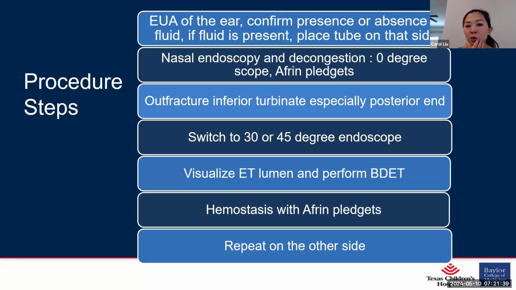At this point, we switch to 30 and 45-degree endoscopes. I'll show you the difference in the views we get. We visualize the Eustachian tube lumen, then perform the balloon dilation of the Eustachian tube. Hemostasis throughout the procedure can be achieved with Afrin pledgets, and then we repeat the procedure on the other side.